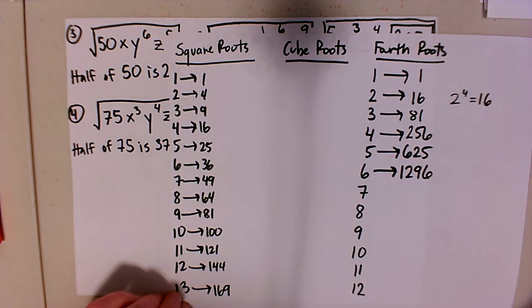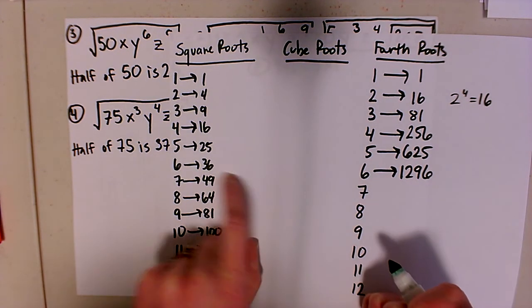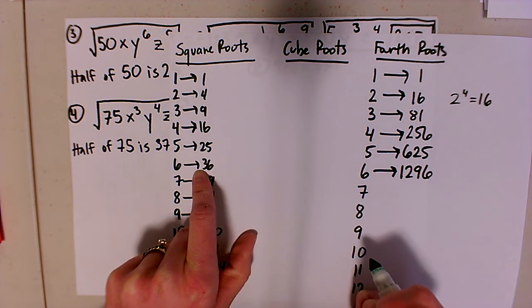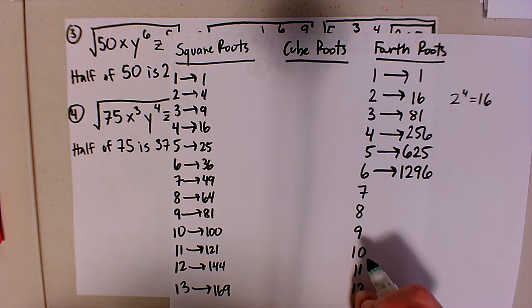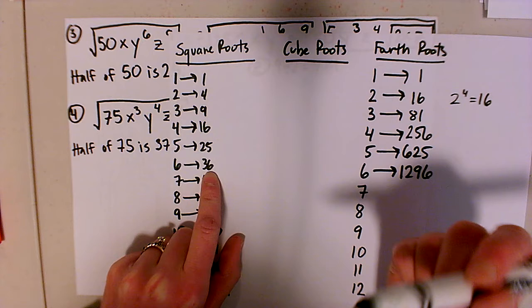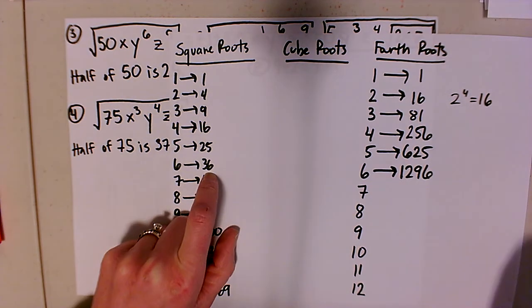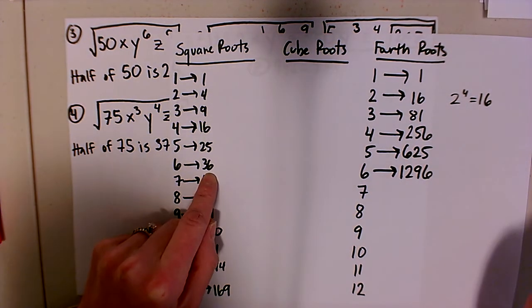So I go to my list and I figure out, well, where would 37.5 be? Okay, so 37.5 would be somewhere here between 36 and 49. So then what I do is I work backwards going up the list, and I stop at each perfect square and I ask myself, is that a factor of 75?